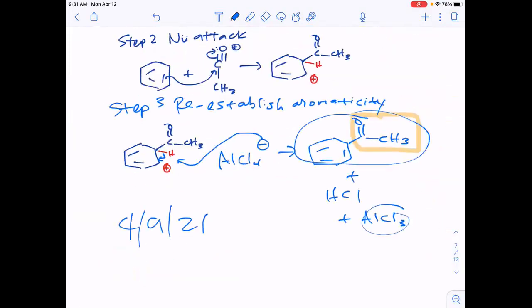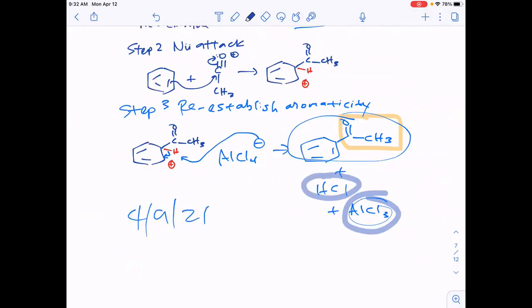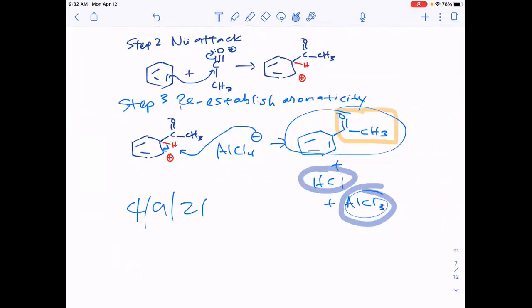So that's where the HCl is coming from. And then you always come back to that same catalyst. You never use it up. All right, did that answer it?